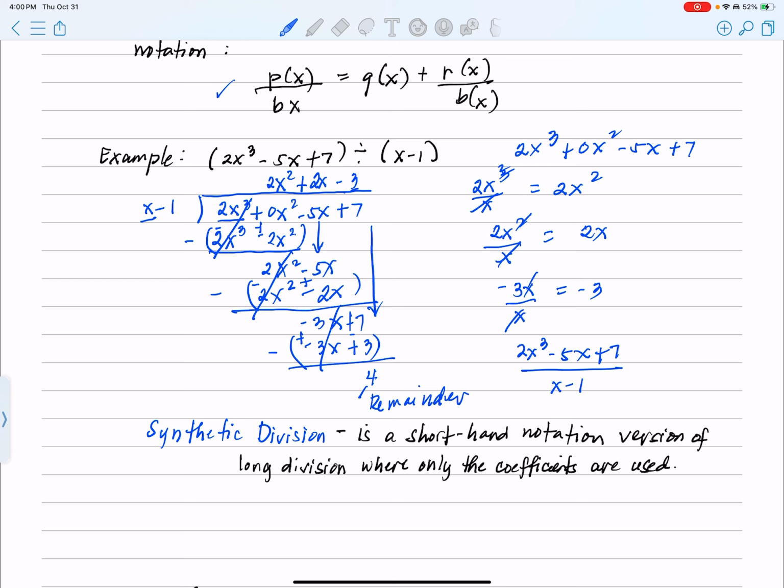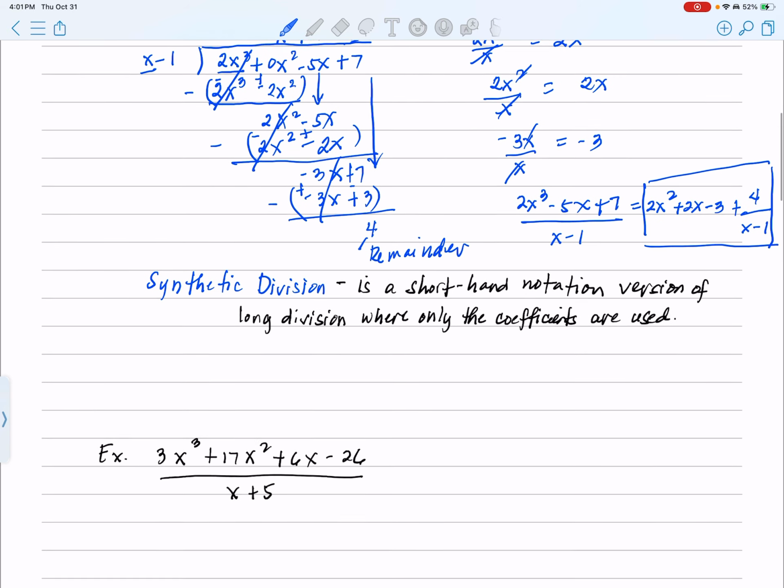The answer is 2x squared plus 2x minus 3 plus the remainder, which is 4, over the divisor x minus 1. Okay, that's how you write your answer.